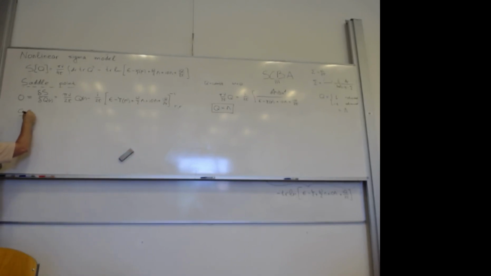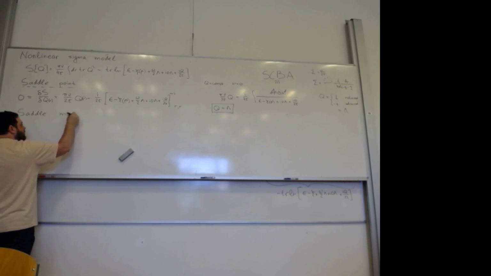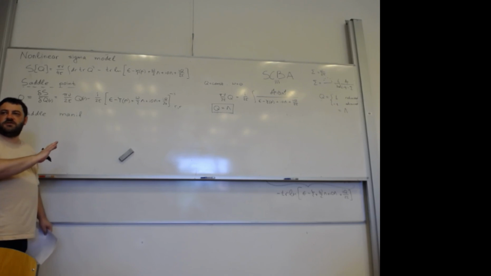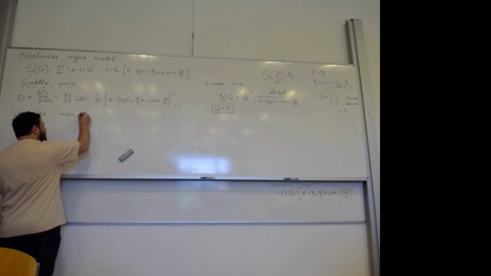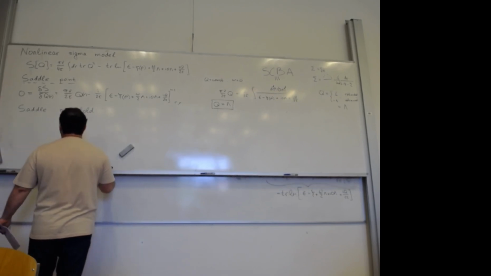Saddle point is actually not a point, it's a manifold. Saddle manifold. You know, I'm not a mathematician, so I don't know what a manifold is. I just learned this term so many times.